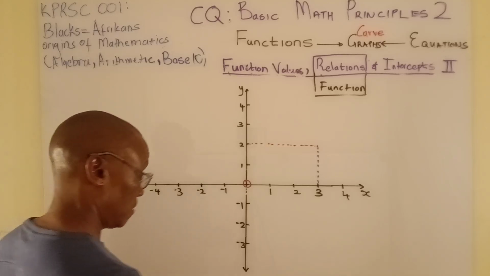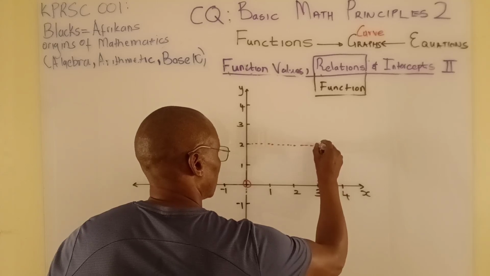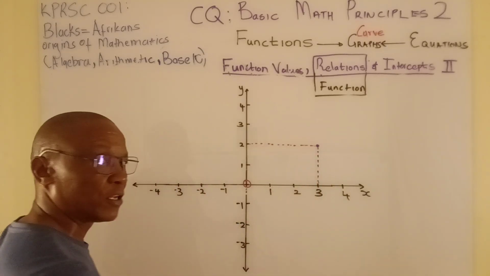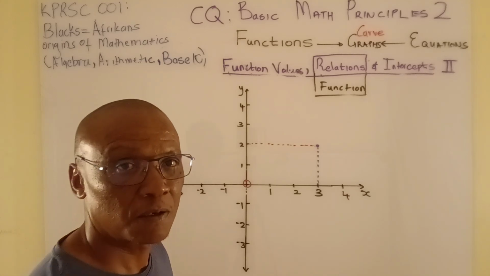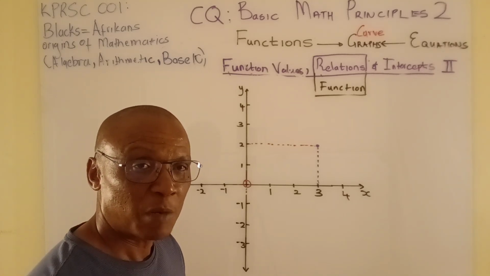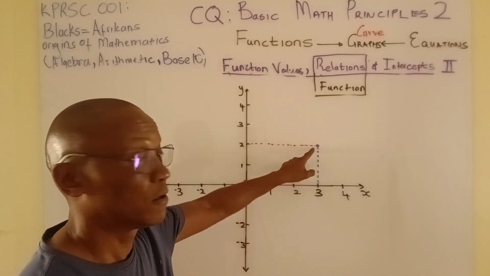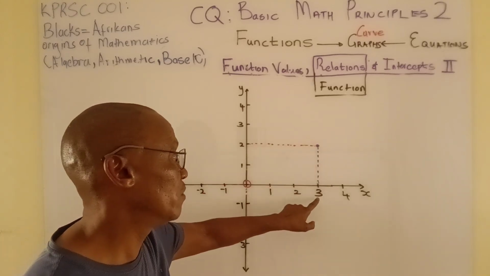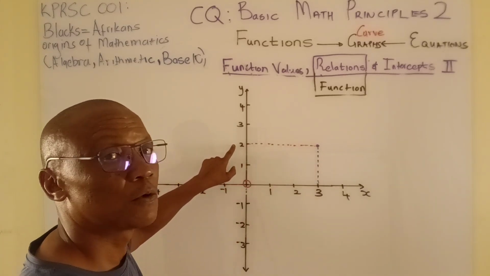Right. This point. Because we are highlighting this point, it means we're interested in it. But our interest in this point has started the relation, where we're relating the value of 3 to the value of 2.